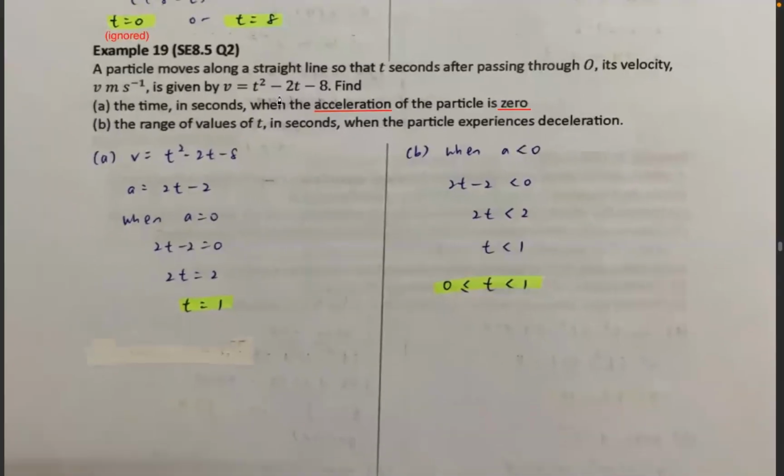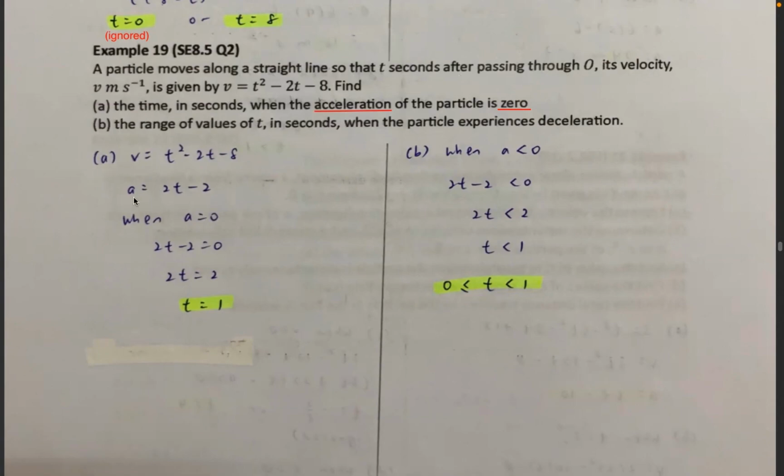Example 19. A particle moves along a straight line so that t seconds after passing through O, its velocity is given by v equals to t squared minus 2t minus 8. Find the time in seconds when the acceleration of the particle is 0. So we are given a velocity function and they mention about acceleration.